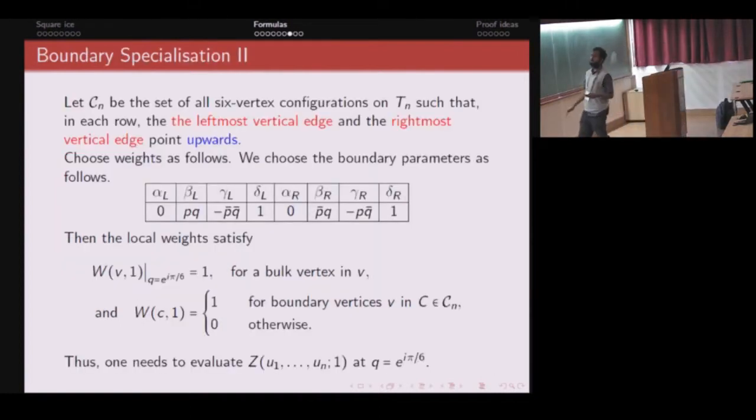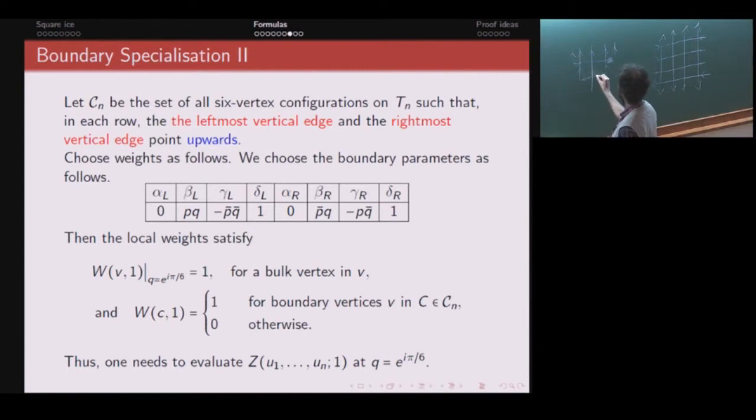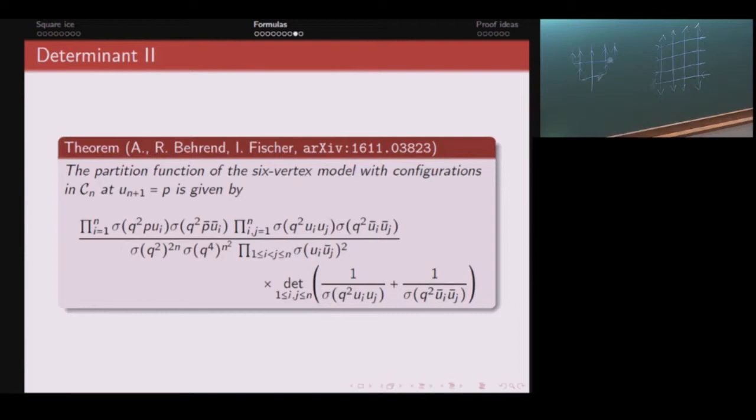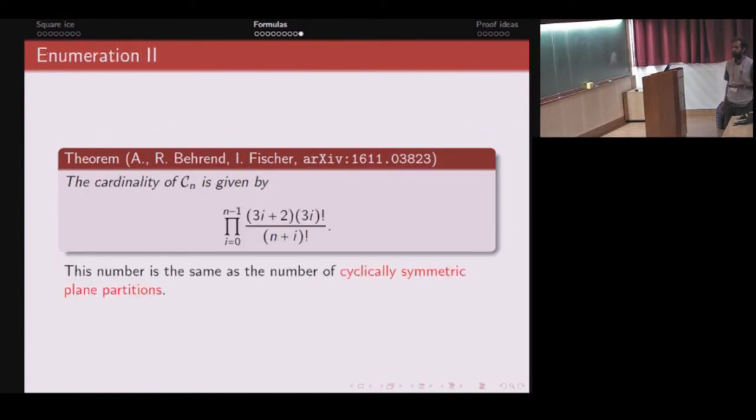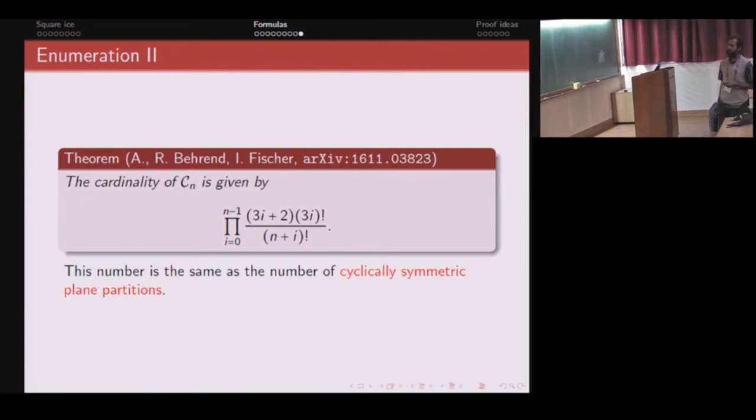The other specialization is that the leftmost and rightmost vertical edges point upwards. That's the other kind of boundary specialization. And again, without getting too much detail, we find the determinantal formula, and therefore, after specialization, we find this nice product formula.